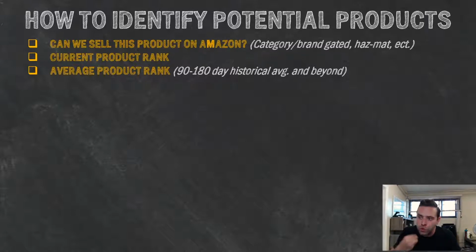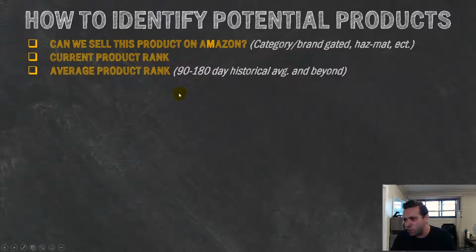We want to look at and focus more on what the average product rank is over a period of time than just what the particular product rank is today. So let me show you guys how to look at average product rank.